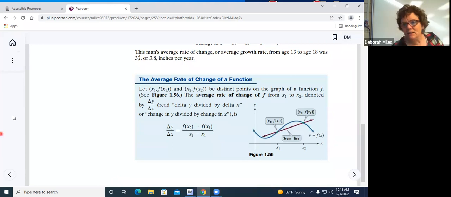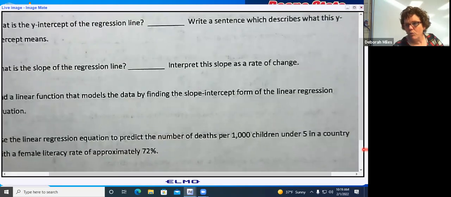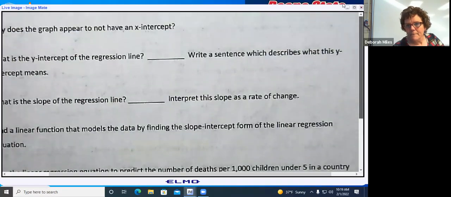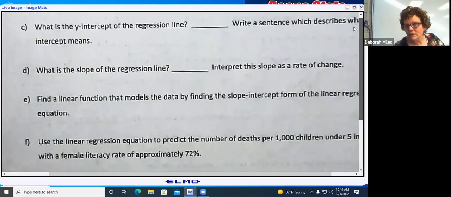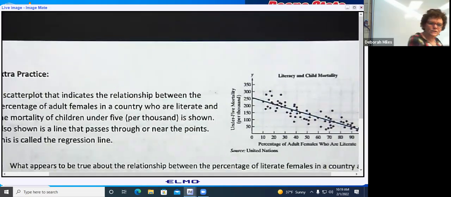The big example on the next page, or on the back of that page, all refers to this scatter plot. And that scatter plot represents the relationship between the percent of women in a country who are literate and the mortality of children in that country.